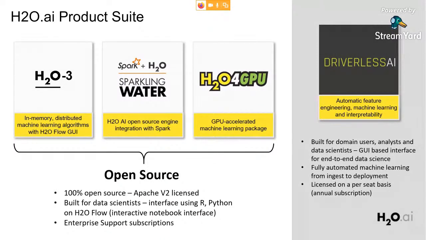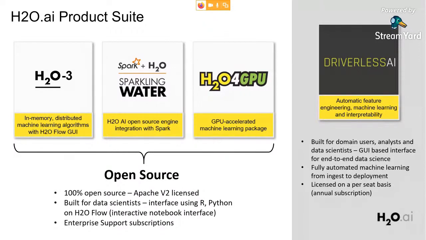So what are their offerings? On the right is what we'll basically be demoing in about 10 minutes, which is Driverless AI. On the left is their open source suite of products, right? H2O version 3 is open source. They have another product, which is Spark, and Spark is very good for data processing in conjunction with H2O.